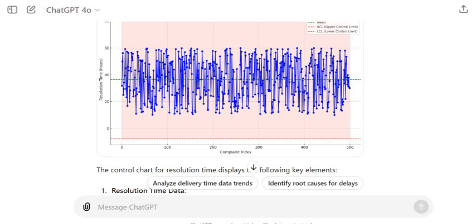Okay, there are various rules for identifying if the process is in control or not.